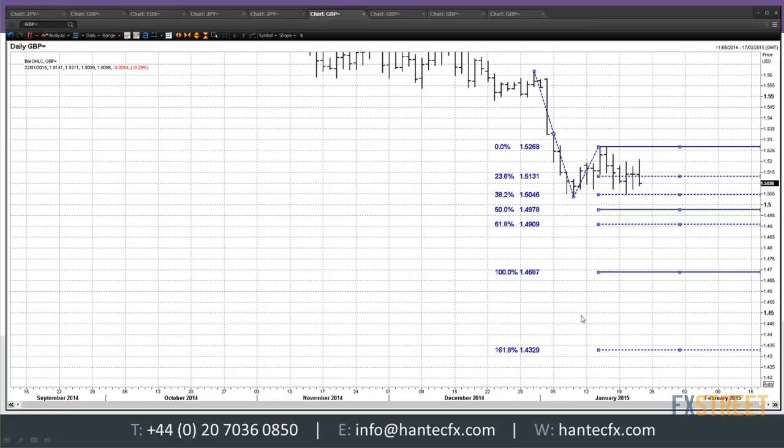So it certainly looks like cable, if it starts to breach through that 50.32 support, is going to be going probably, I would say, at least towards the 49 figure, and then probably this 100%, which is 46.87. So yes, that is on cable.